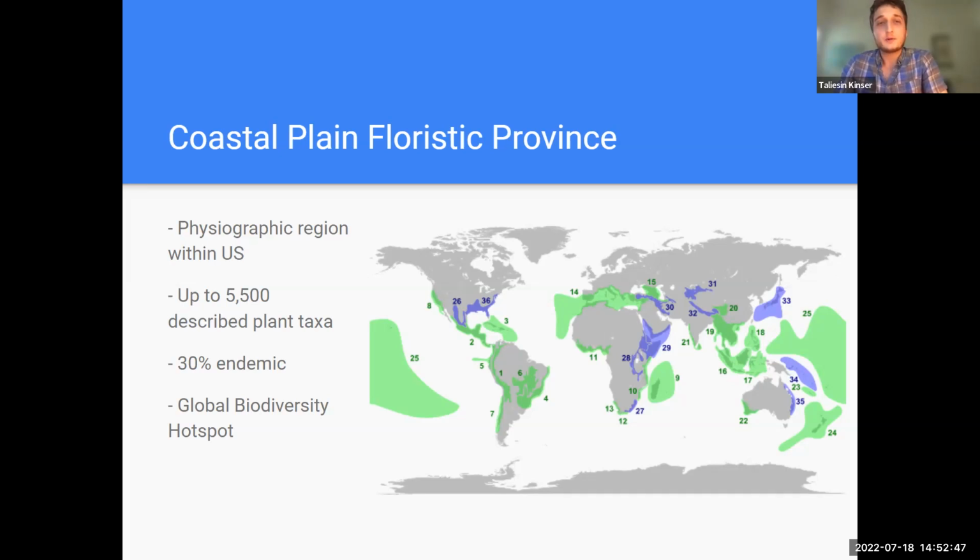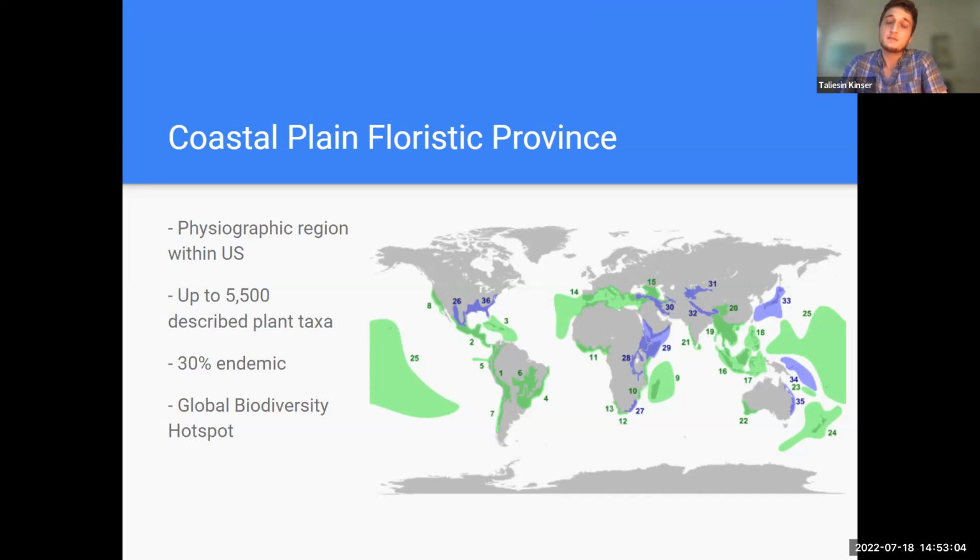There are up to around 5,500 different described plant taxa within this region, a very large portion of them coming from Florida. Around 30% of those are considered endemic to the region.